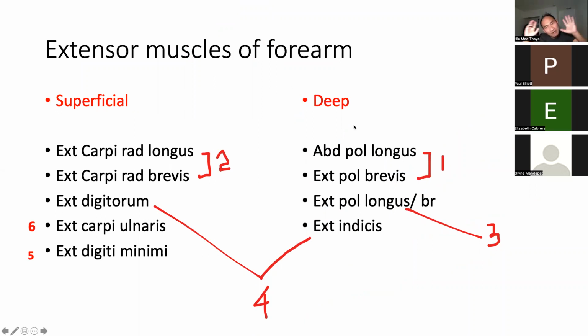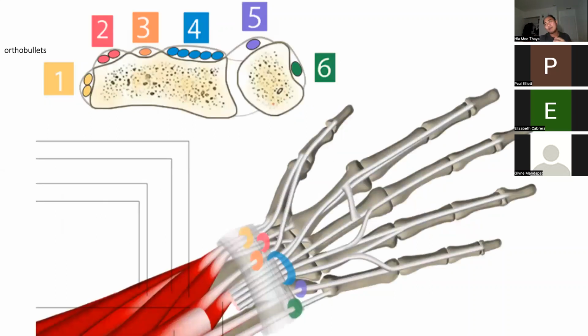I think it is very difficult to remember which is superficial and which is deep. So the way I try to remember the muscles on the extensor aspect is to remember their tendons when they are crossing the wrist joint. And I try to pick up which is what. That's the way I try to remember the muscles on the extensor aspect of the forearm.